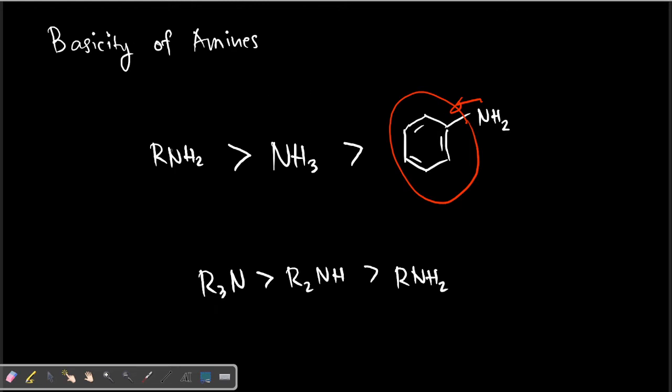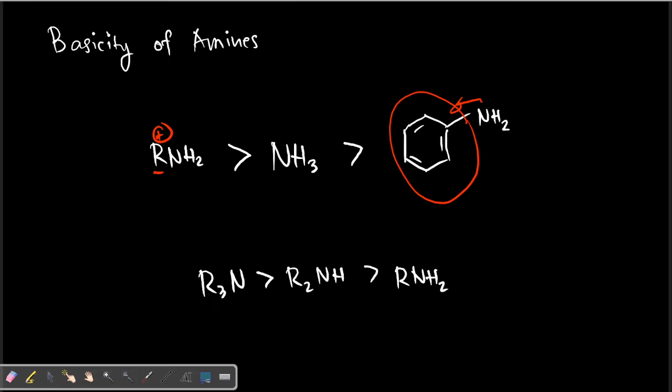Hindi katulad nitong sa ating aliphatic amines, hindi ganon yung nagiging effect ng ating ammonia or ng ating NH2 dun sa R group natin. Mas nagiging stable yung pagiging cation ng R group natin in comparison with our aromatic amines.